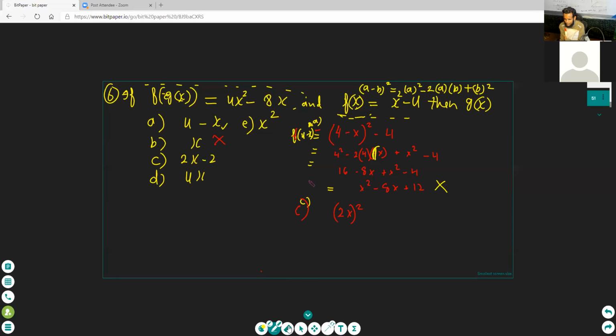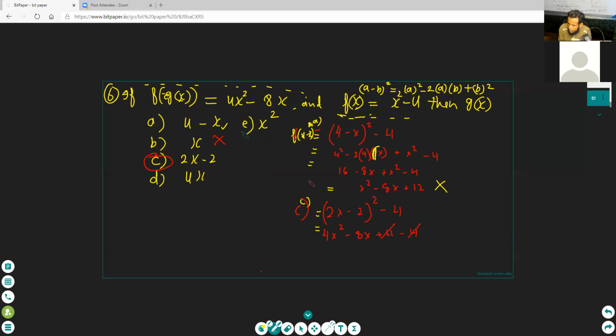Don't do it wrong. 2x minus 2 squared minus 4 is going to be 4x squared minus 8x plus 4 minus 4, they cancel out. And yes, we get it. So the answer is C. Answer C is good.